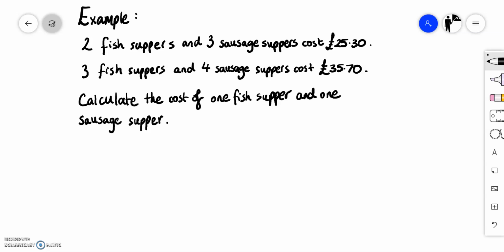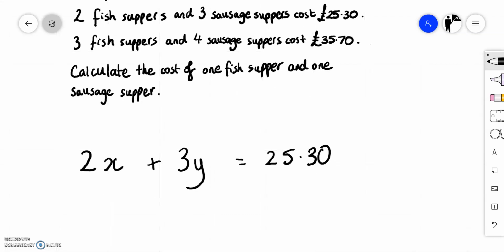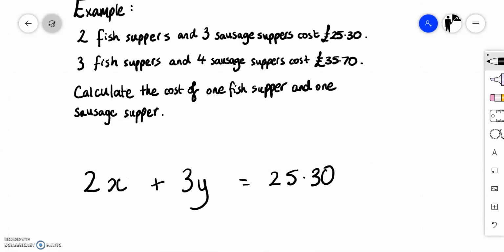So instead of writing 2 fish suppers, I'm going to write 2x. And instead of 3 sausage suppers, I'm going to write 3y. 2 fish suppers and 3 sausage suppers is £25.30. We need to make sure that the person marking our work knows that we understand what x and y are.